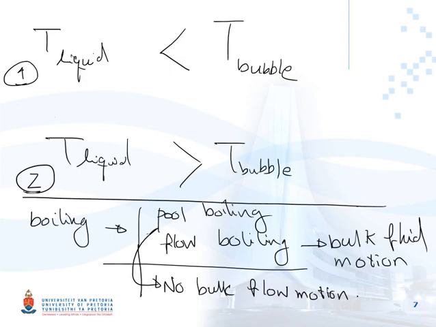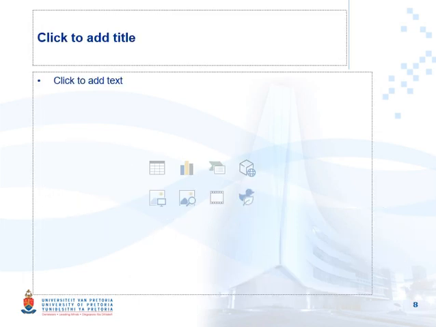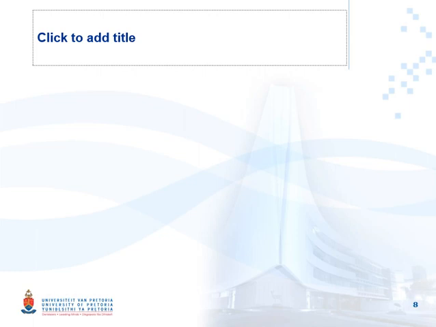When we are speaking about pool boiling again, let me just start a new page to write it down again, maybe cleaner for better understanding.